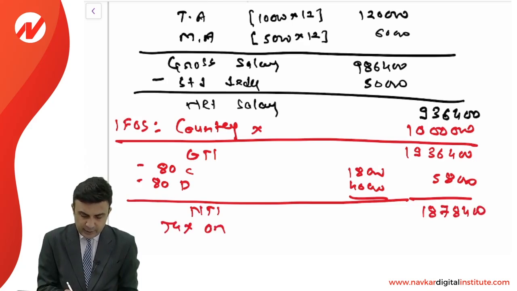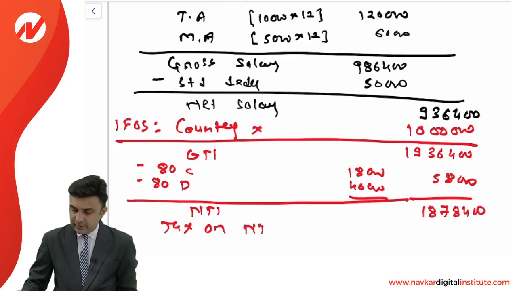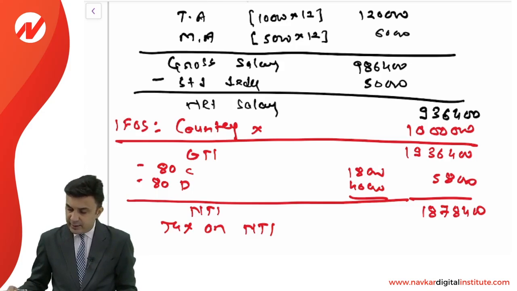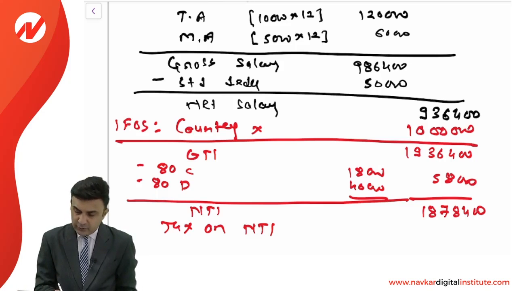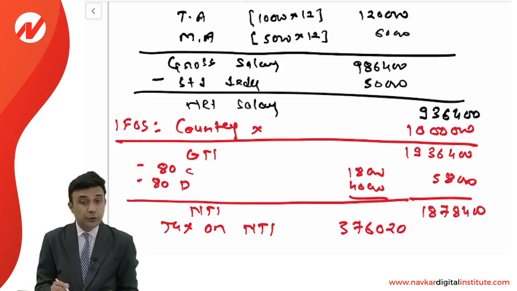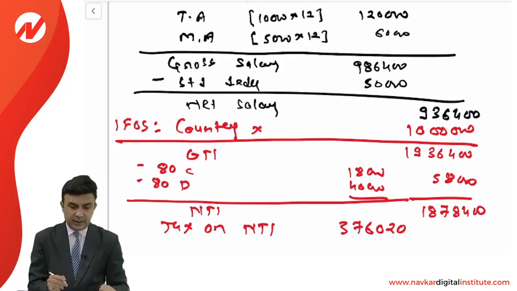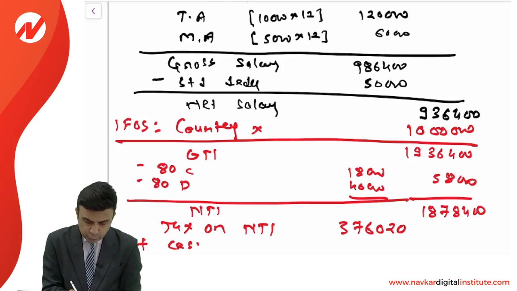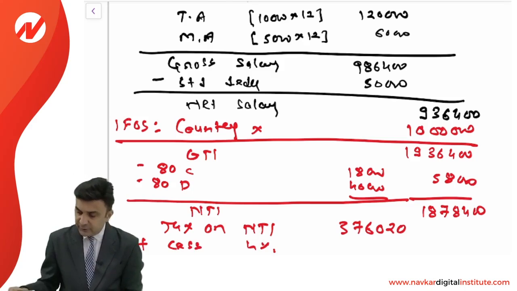If I want to find out my tax on NTI, can I say it is 263,520 plus 112,500? So your tax will be 376,020. I am applying simple slab rate on which I am supposed to add 4% cess.